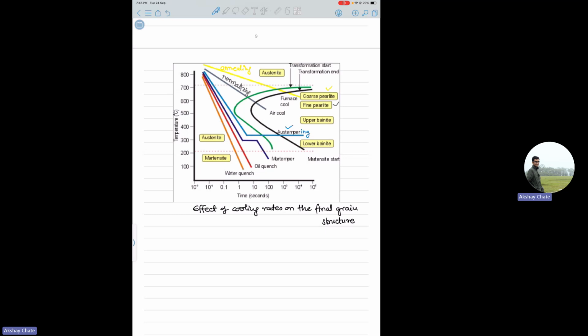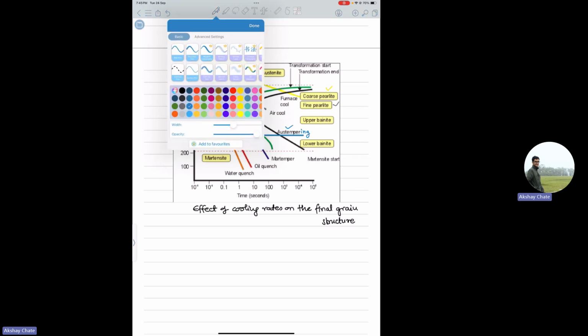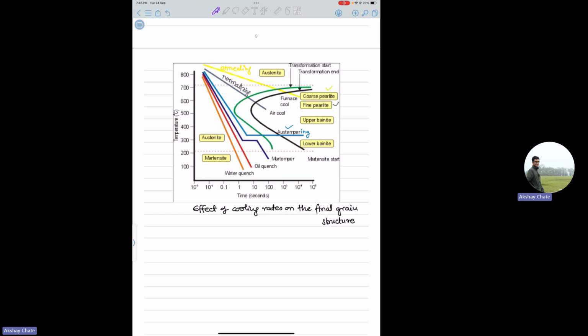It's not like constant cooling rate all the time. So that is called Aus tempering. And in Mar tempering, this purple one, this is your Mar tempering. So it just depends on the cooling rate that you adopt.